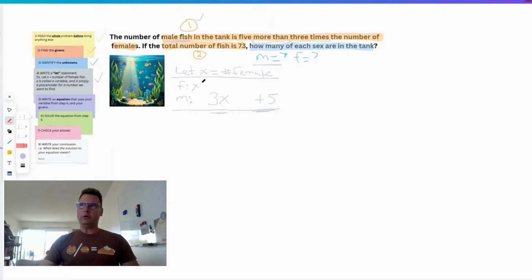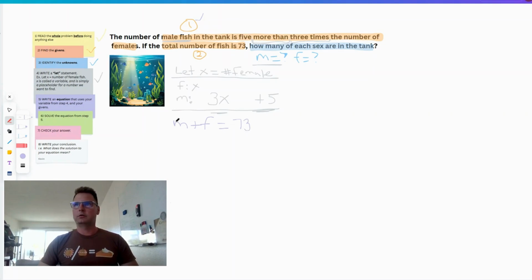So let's try to use all the information that we're given here. So how can we use given information part 2 to help us come up with an equation? So total number of fish means what? It means males and females, right? So doesn't that mean males plus females equals a total of 73? Right?